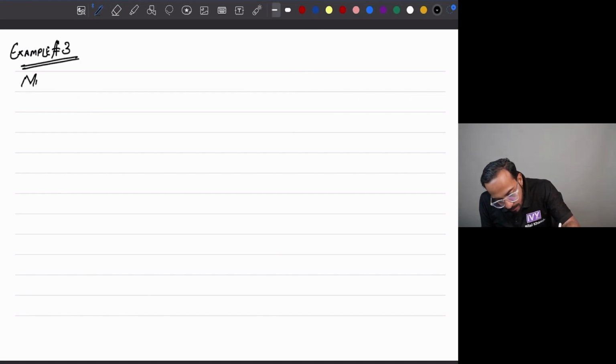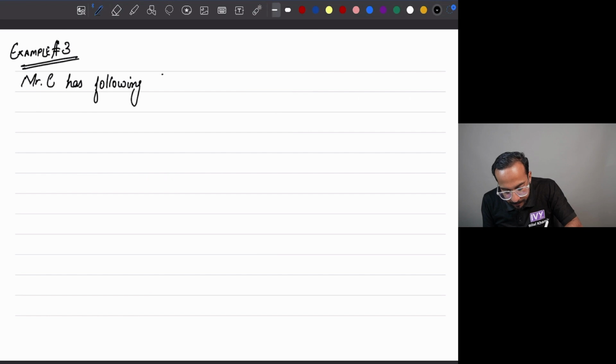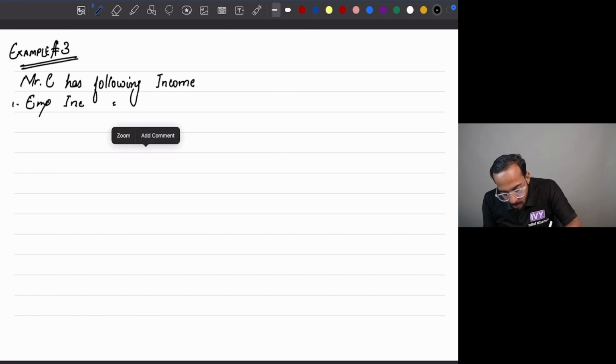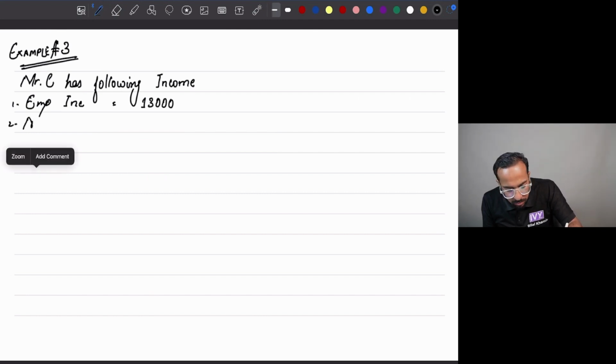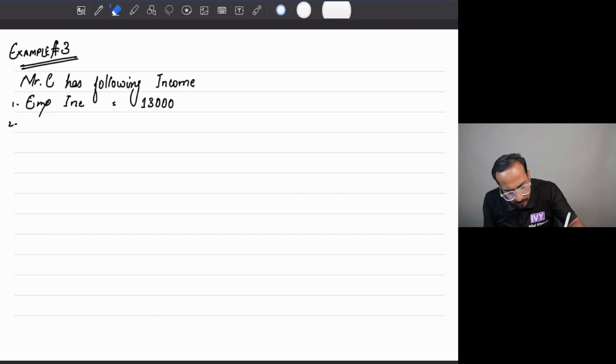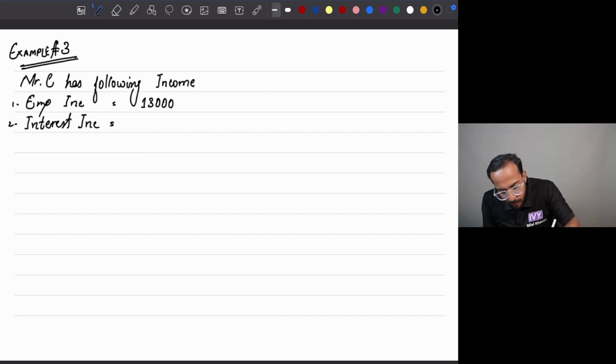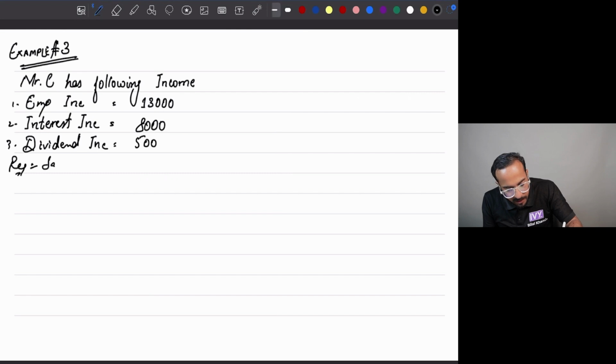Let's suppose Mr. C has the following income: employment income, let's suppose 13,000, interest income, let's suppose 8,000, dividend income, let's suppose 500. Requirement same.